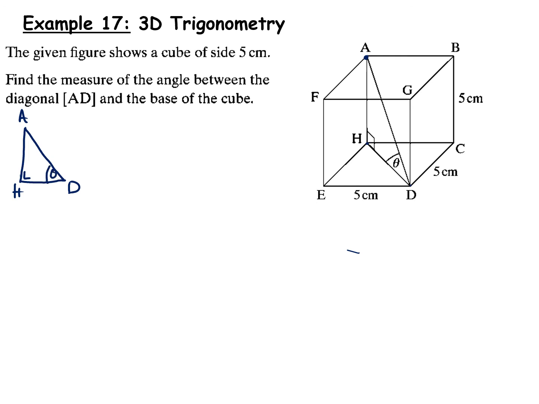I don't know any measurement about it, but then taking a closer look, AH is actually one of the edges of my cube. Look at it here. So that means this is 5. I need a second side at least to work out my angle.